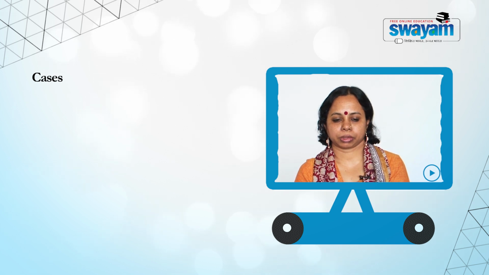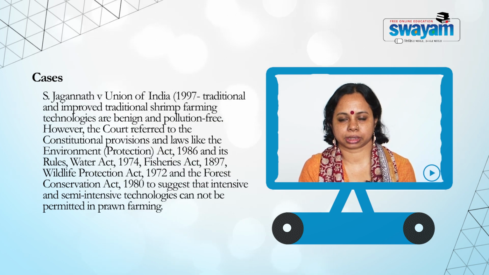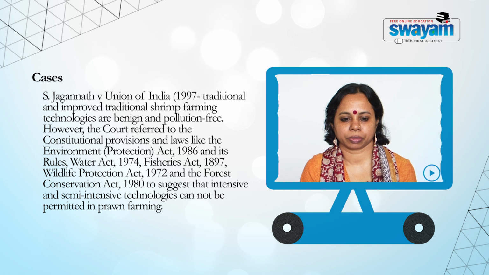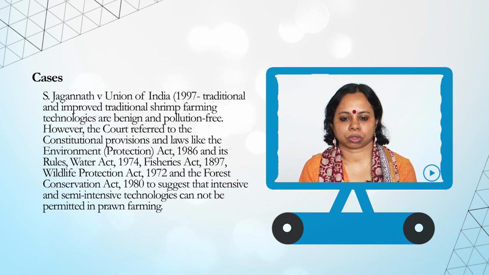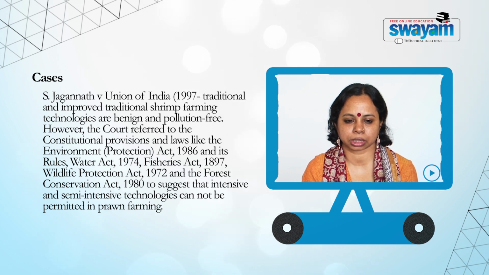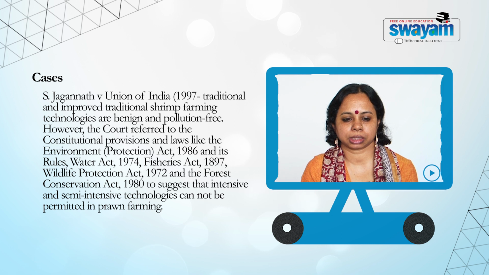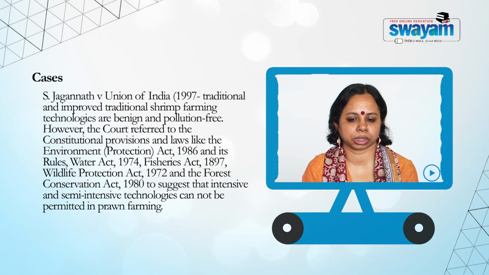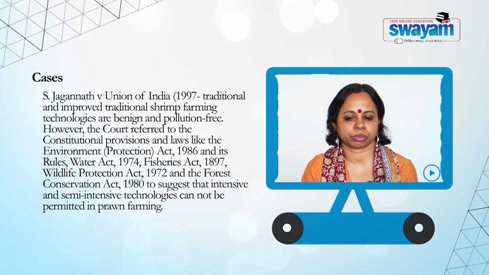In 1997, dealing with the S. Jagannath case, the court disapproved of certain practices which were part of the shrimp farming technology. The court said there are enough constitutional provisions and legislations like the Environment Protection Act, Water Act, Fisheries Act, Wildlife Protection Act and Forest Conservation Act, which all suggest that intensive and semi-intensive technologies used in prawn farming these days are not permitted.